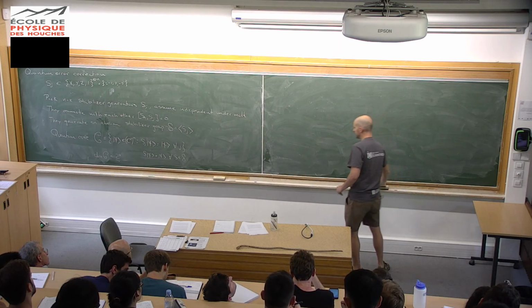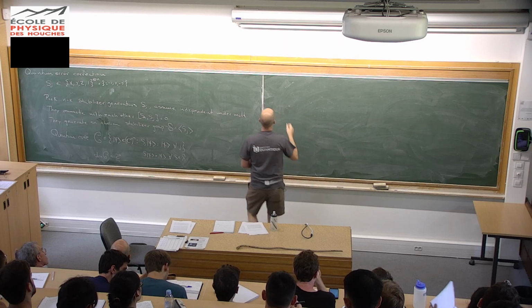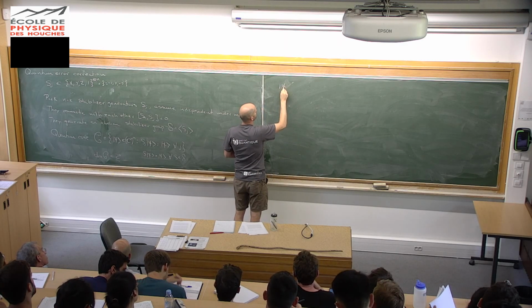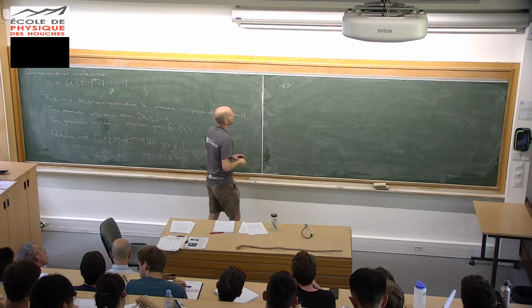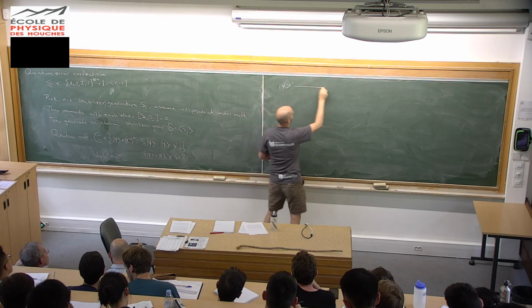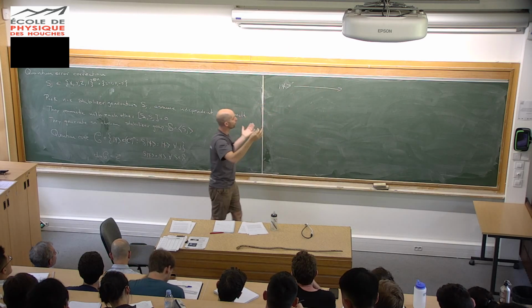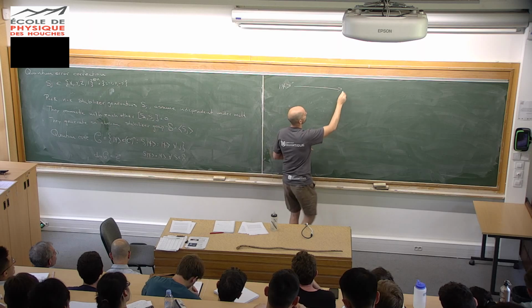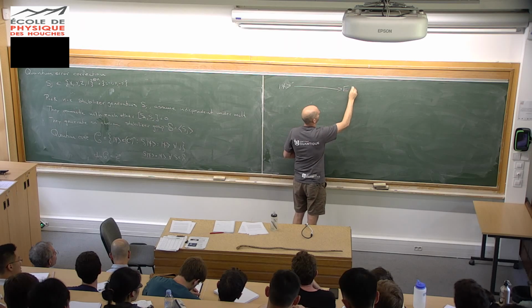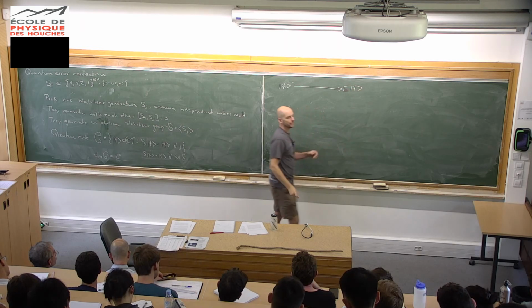So what will be the standard error correction procedure? We start with a state psi, and I transmit this, or it might just be a memory over time. It gets corrupted. What you get is not psi, but E psi.